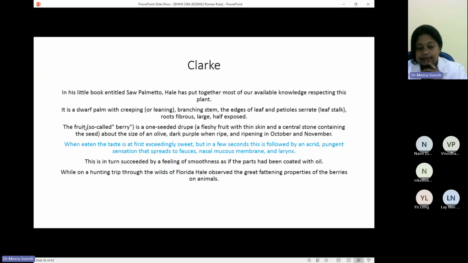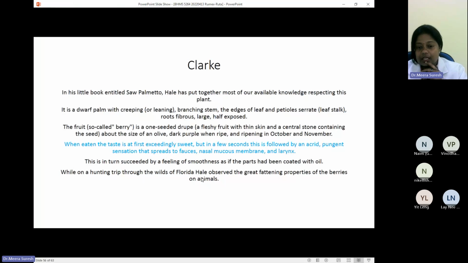He says that this plant's fruit, the berry, when eaten, at first is very sweet, but in a few seconds it is followed by an acrid, pungent sensation in the fauces, nasal mucous membrane, and larynx. There is a sensation as if those parts have been coated with oil. So these are the physiological symptoms, not poisonous. If we eat the berry directly, this is what is going to happen.